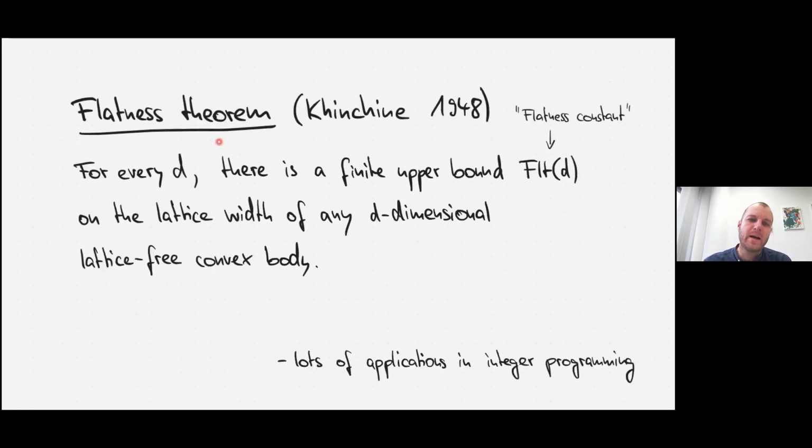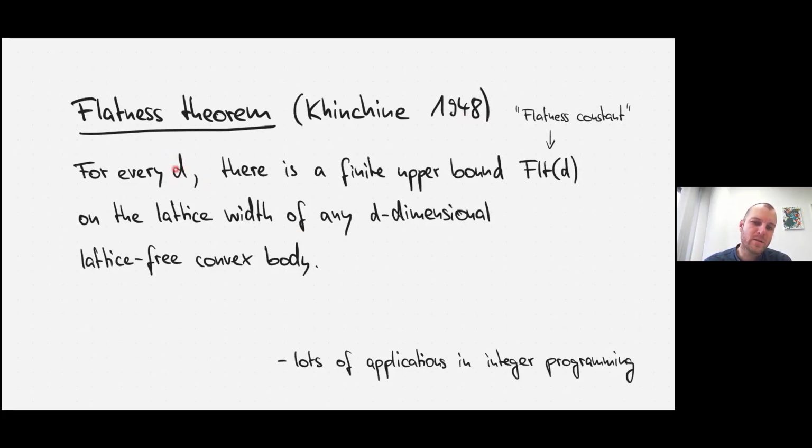Now, one of my most favorite theorems in that area concerning lattices is the so-called Flatness theorem by Khinchin, which was first proved by Khinchin in 1948. It states that if you have a lattice-free convex body, it will be flat, and it will be flat with respect to the lattice. The formal statement is the following.